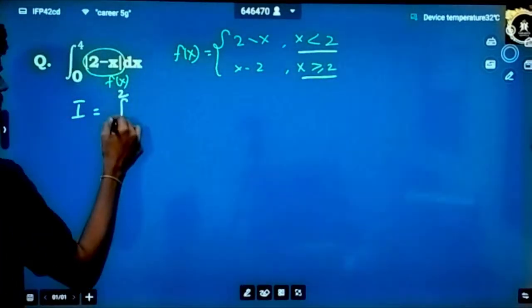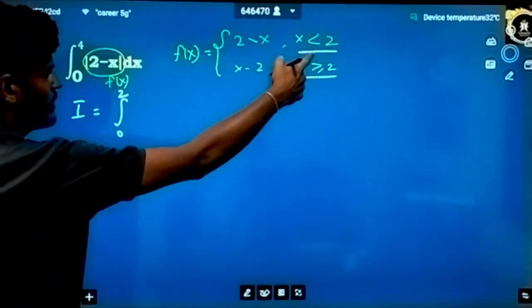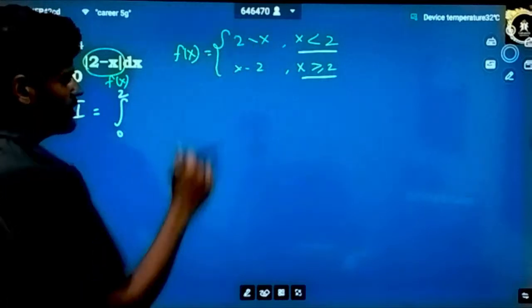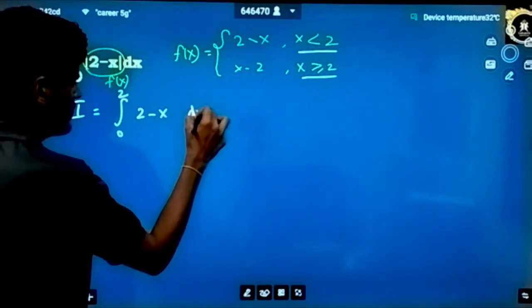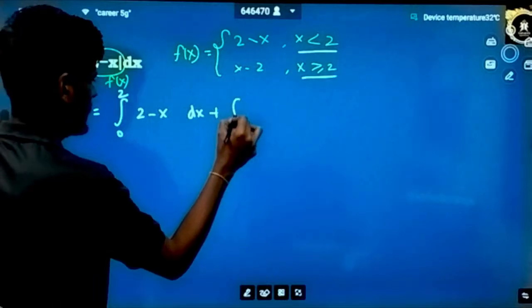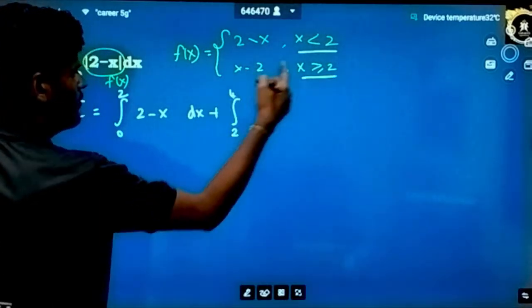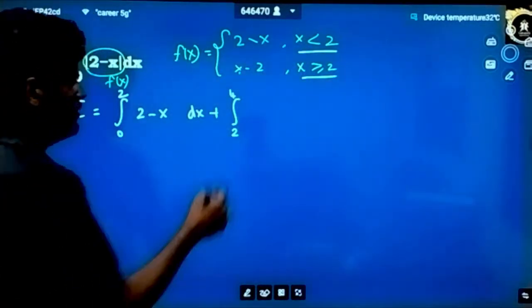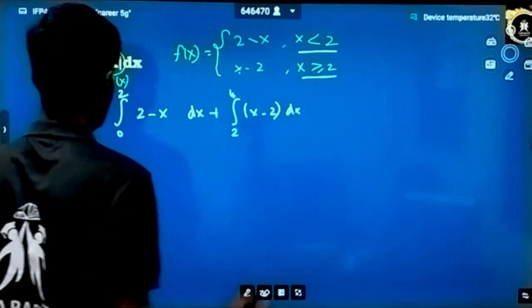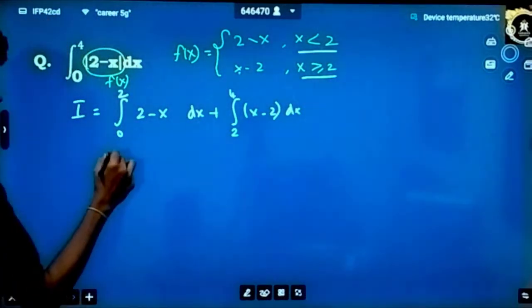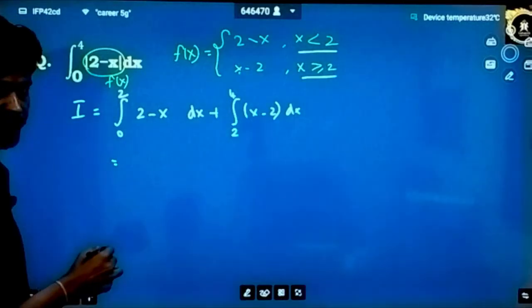Between 0 to 2 the function value is 2 minus x dx, plus the integral from 2 to 4 of x minus 2 dx. That is it.